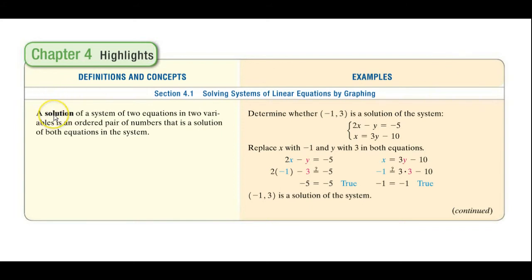So a solution is that point of intersection of two lines where there is a common point of, coefficients there. Coordinates would be a better word. Yes, let's go on.